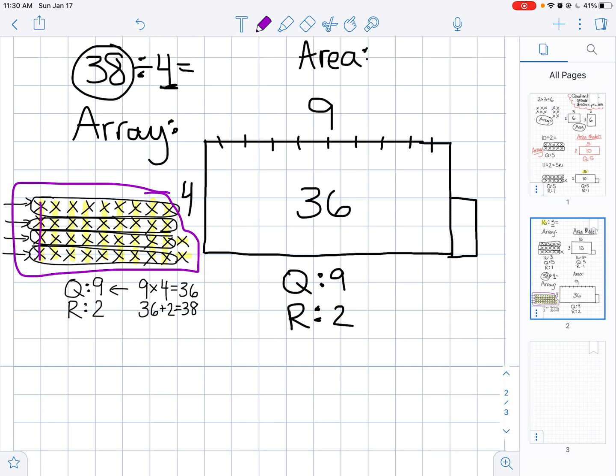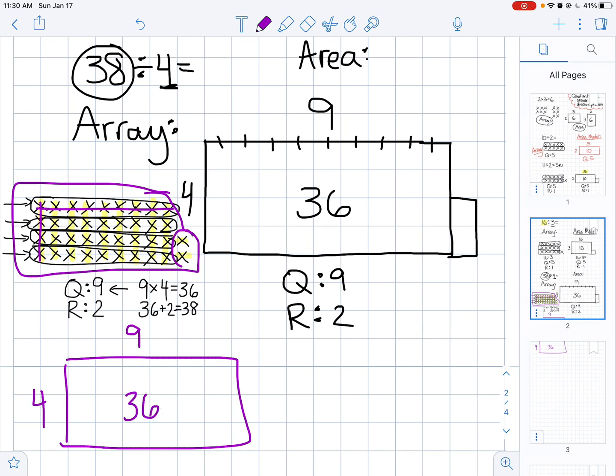I know I'm going to have a 4 by 9, so I would immediately just draw a rectangle, label it 4 and 9. I'd multiply those. I know that's 36, and then I notice that I've got 2 left over, so I'm going to make this and show that that's 2 left over. And in fact, you should probably do it like this, okay? To show that you've got your 2 left over.